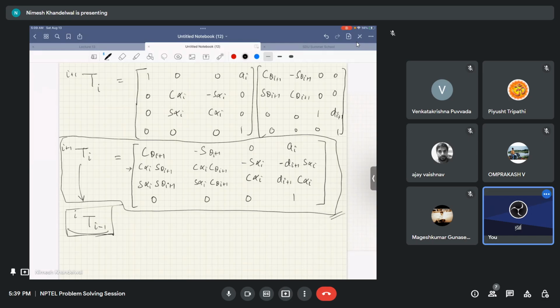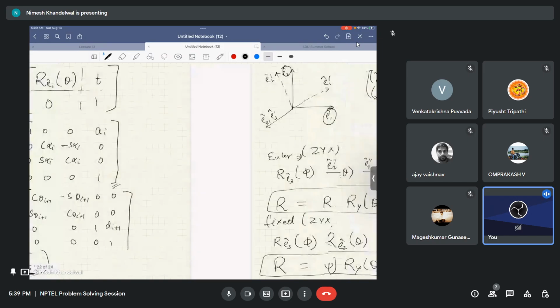But if you are just doing research, or a project or homework, and you do not remember this matrix, one solution is to just look into the books. The other solution is to go through first principles.